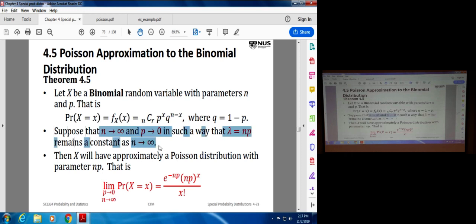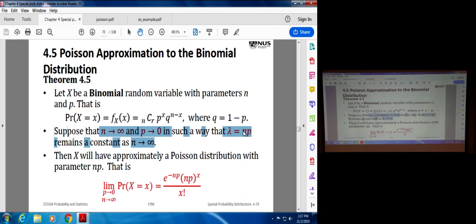So this basically means we're allowing the total number of trials to get very large and the chance of success in those trials to be very small, such that the probability of success is going to 0 at the same rate at which the number of trials is increasing.